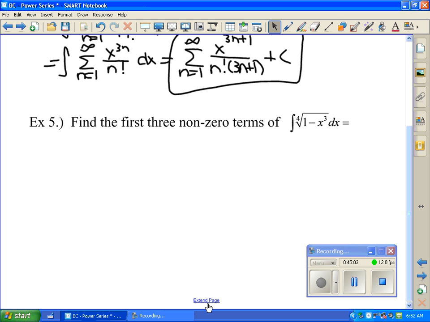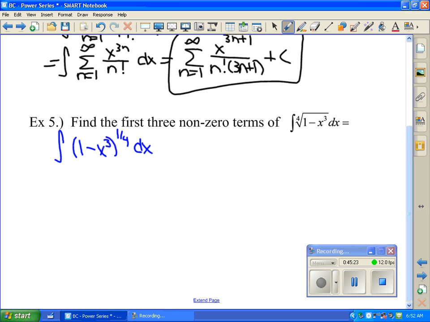Another integral. Find the first three non-zero terms of the integral of the fourth root of 1 minus x cubed dx. So same thing, I want to convert this into a power series. So this one, integral 1 minus x cubed to the 1/4 dx.